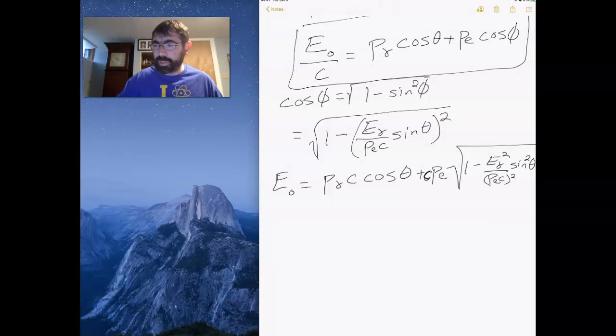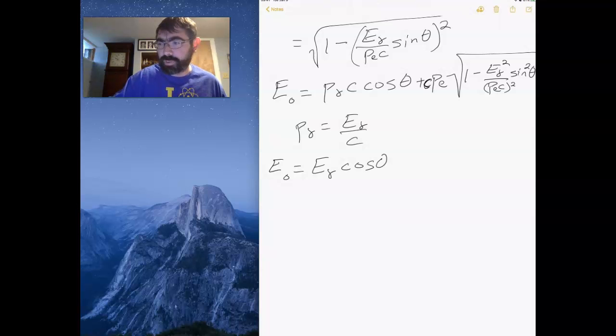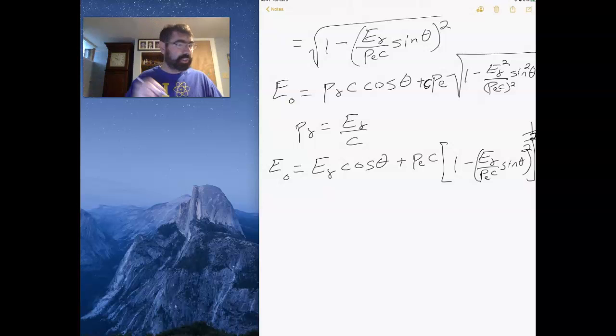Okay, so the other thing we already said was that P gamma is equal to E gamma over C. So I can then rewrite this as the initial energy is equal to the final photon energy times the cosine of theta plus PEC times the square root of 1 minus E gamma over PEC sine theta, squared. I'm just going to leave the squared around everything and then taken to the 1/2 power, like so.